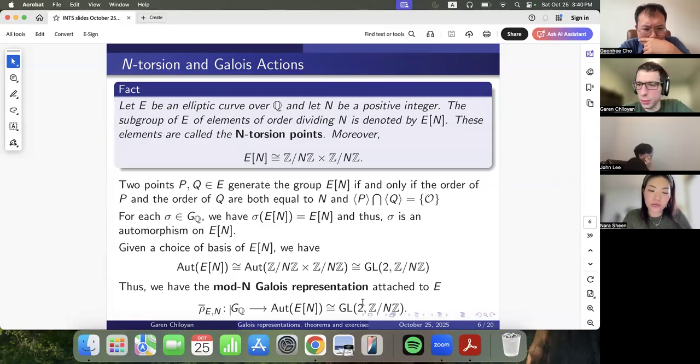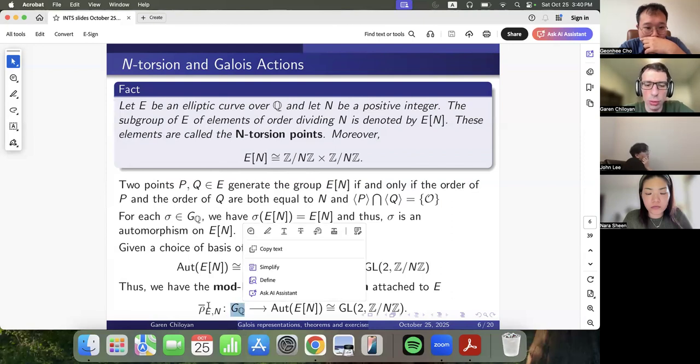If you look at it, reducing modulo N on elliptic curves, all these elements on this G_Q, you can view as 2 by 2 invertible matrices from the viewpoint of elliptic curves. And this is really amazing, and it's really helpful for my research.